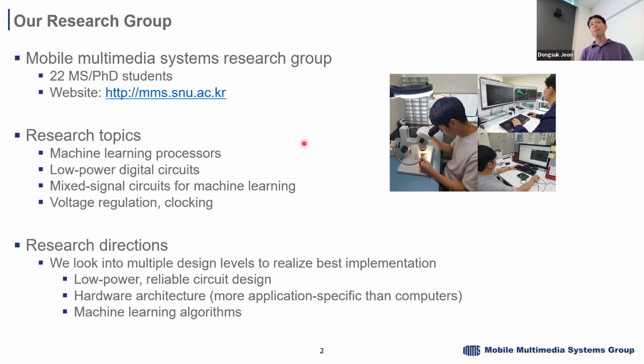In my lab, around 1/3 of the students are purely working on the algorithm, another 1/3 is working on the architecture or SoC designs, and the remaining ones are working on the circuit design, including analog circuits too. I don't think a single person can do everything from the top to the bottom, but by collaborating together, I think we can come up with a better solution than the other groups.